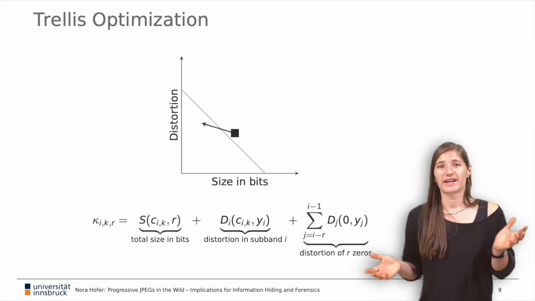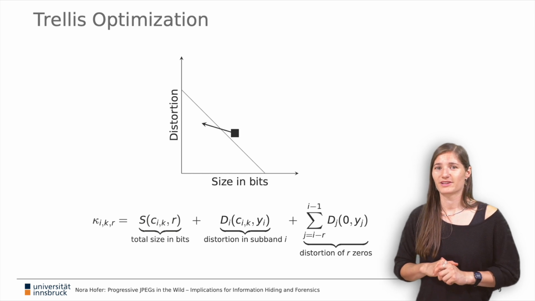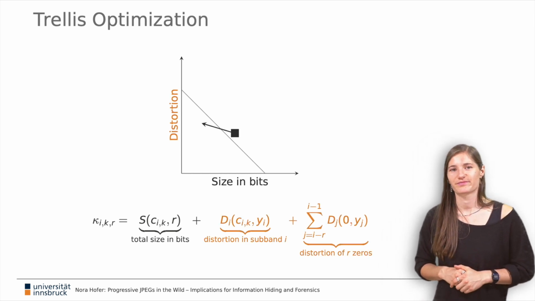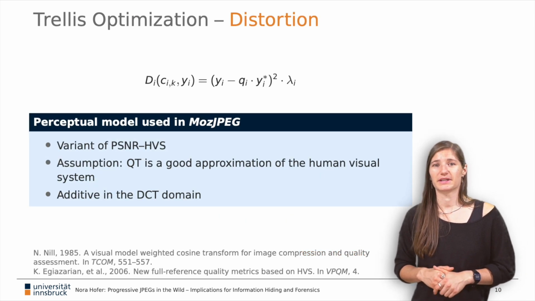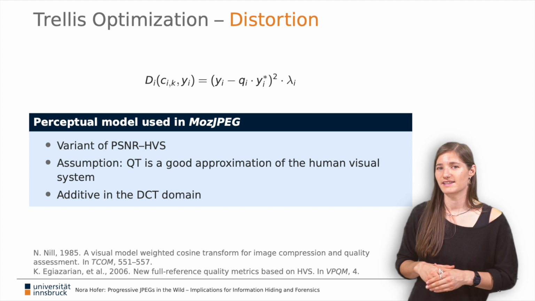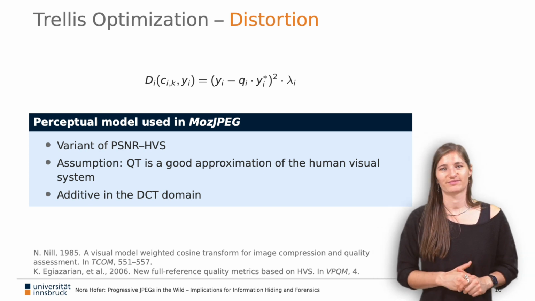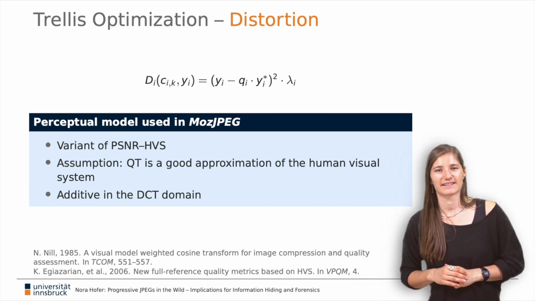Of course, we cannot do this arbitrarily without destroying the image. For these changes to remain unnoticeable, the distortion needs to be considered. The distortion is based on the square error between the unquantized coefficient y_i and the dequantized coefficient. q_i is the quantization factor in subband i.